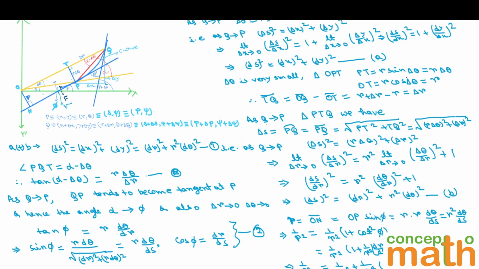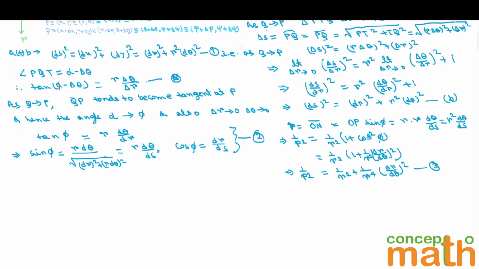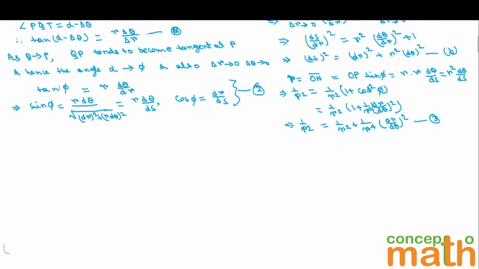So these three results will be the building blocks for finding the expression for the radius of curvature at a point on a curve in different coordinate systems. So let us go into that. First assume that the given equation is in pedal form.